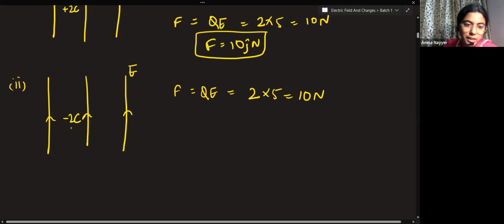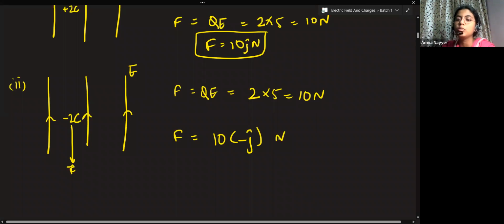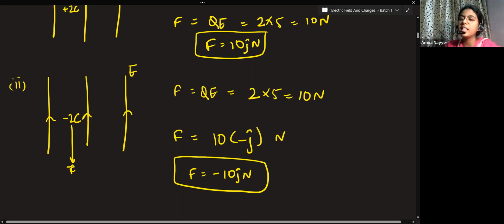Opposite direction means downwards. So your answer will be minus J cap Newtons. You can write it as minus 10 J cap Newton also. Clear? Very simple, easy formula based question. Any doubts?